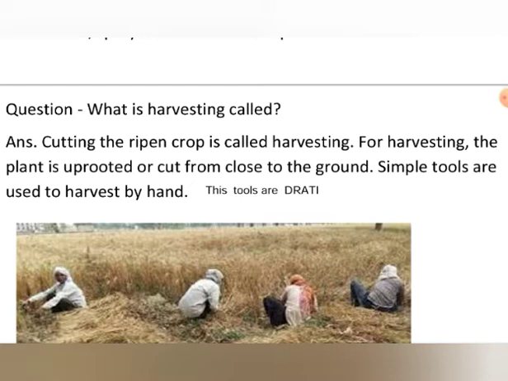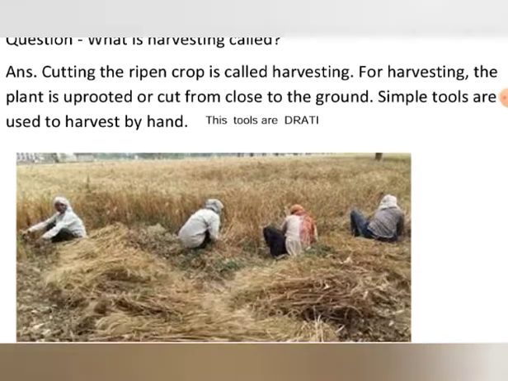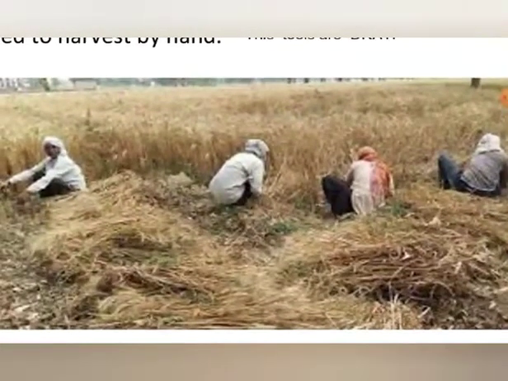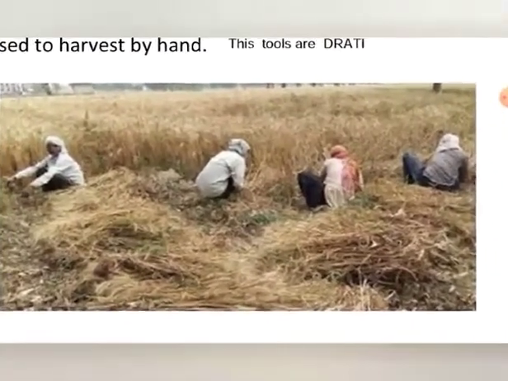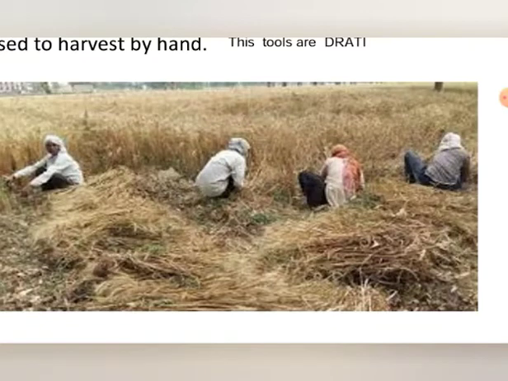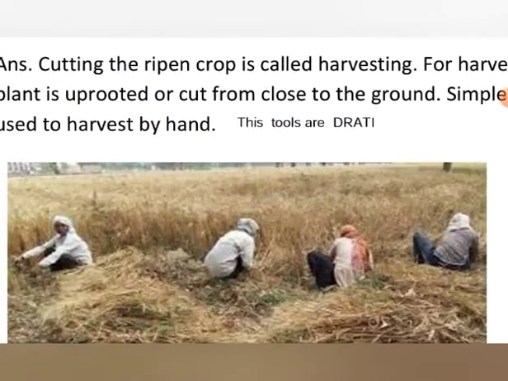We have seen this very simple tool, the darati. In the picture you see a ripened crop of wheat, and 4 or 5 persons are cutting this ripened crop of wheat with the help of a darati. So harvesting is the cutting of the ripened crop.